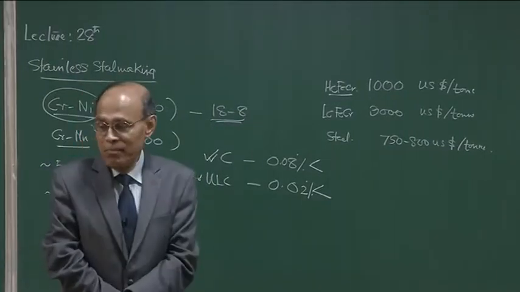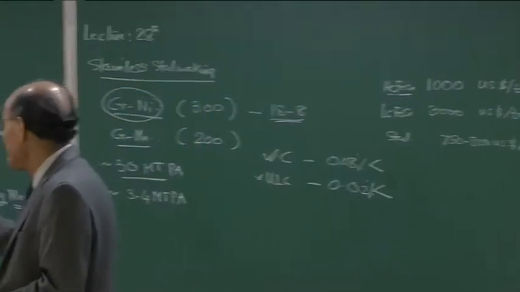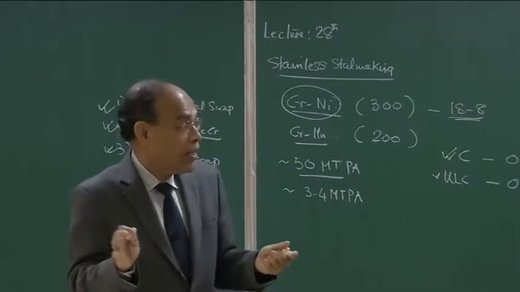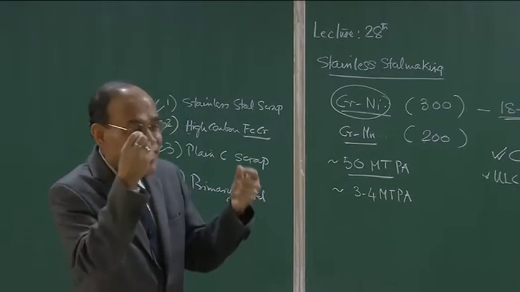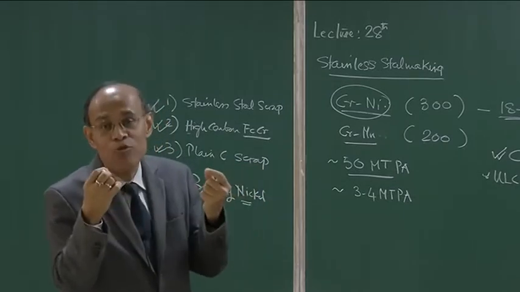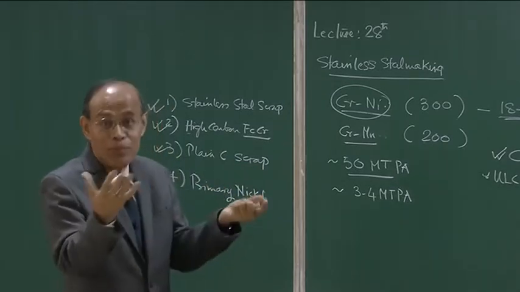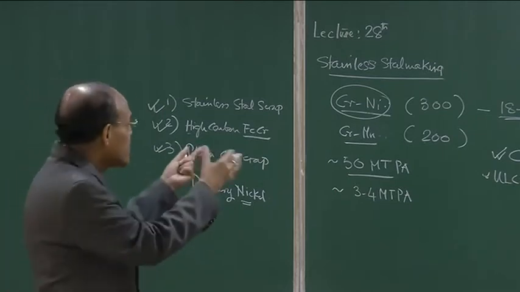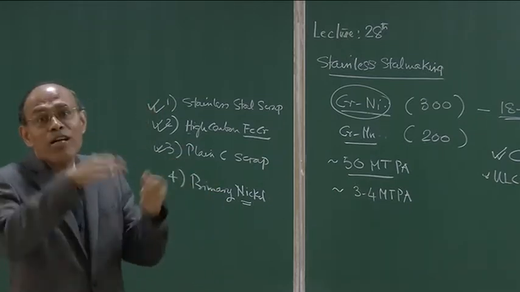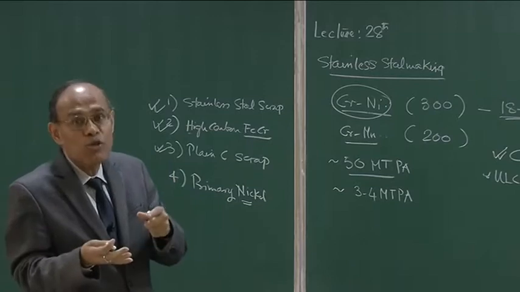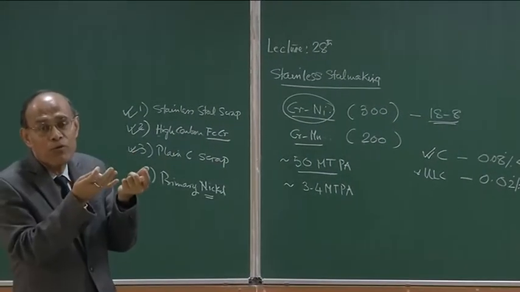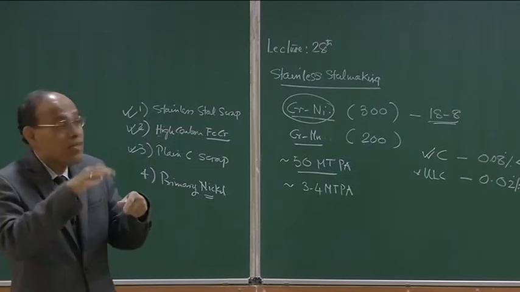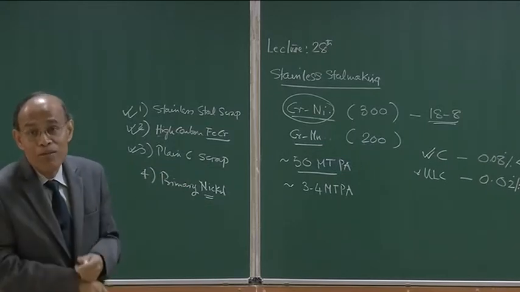And I must say again that in a course like iron and steel making you cannot have one single value. What I write is a representative value that you must remember. For example, the hot metal composition, whatever I have written, the price ranges that I quote, all these tend to fluctuate. Composition will fluctuate from one plant to another plant, the price will fluctuate. If you listen to my lecture after 3 or 4 years, whatever price I am quoting is no more going to be valid.